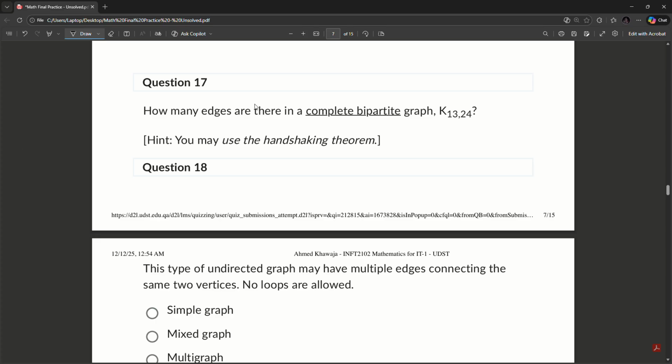Now then, how many edges are there in a complete bipartite graph? The answer is 13 times 24 over 2. That is for the edges, if I recall. Let me just go through it, give me a second, please.